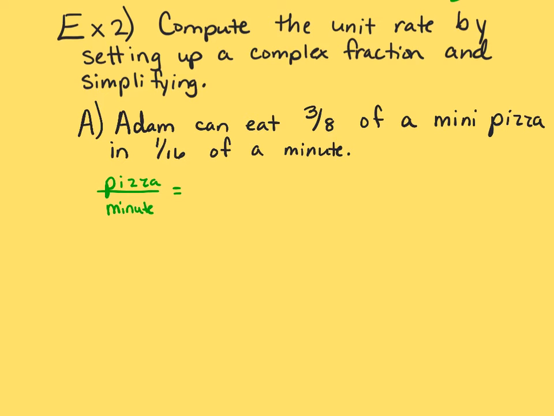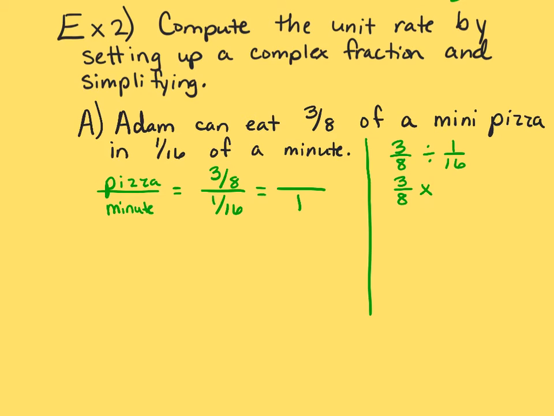So he can eat 3/8 of a pizza in 1/16 of a minute. So we'll need to find out what that is over 1. So we can go to the side and say 3/8 divided by 1/16. It's 3/8 times 16/1.